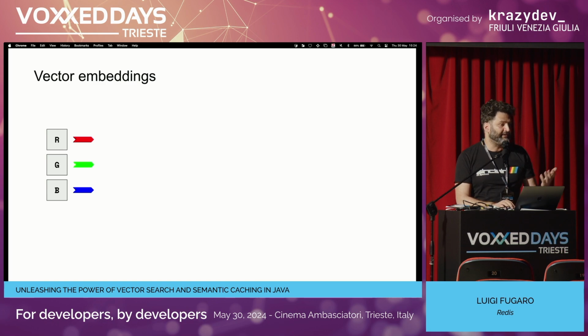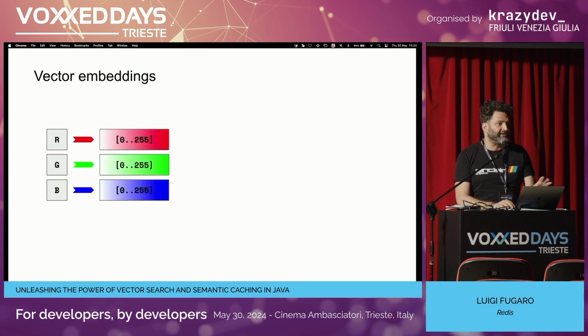As you may know, in HTML we manage colors with RGB, and each characteristic is a number in a range between 0 and 255. That means I can have a color represented by 3 bytes, and the colors I can have in RGB are more than 16 million.